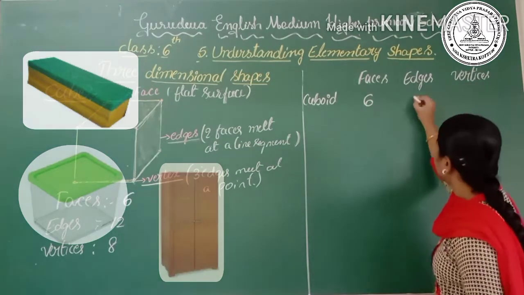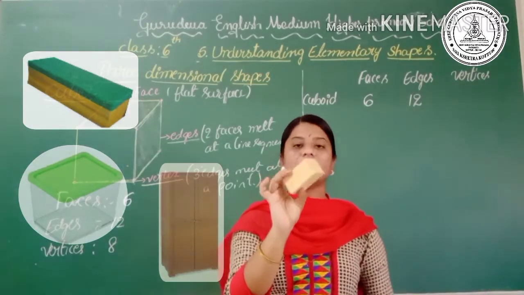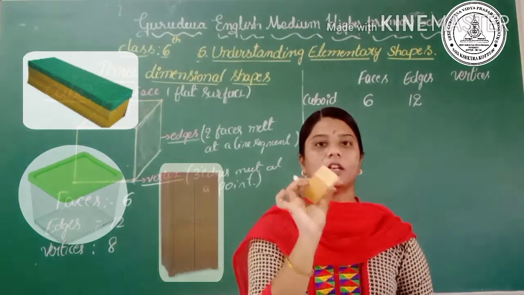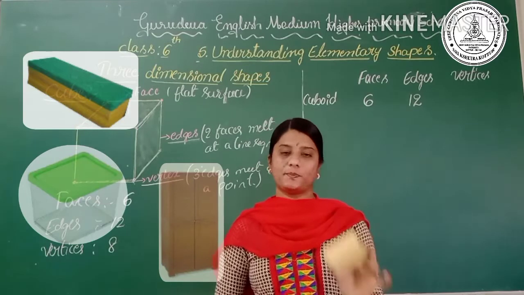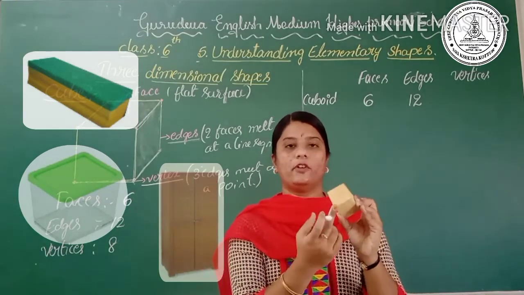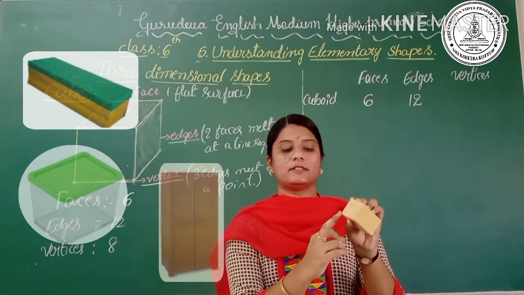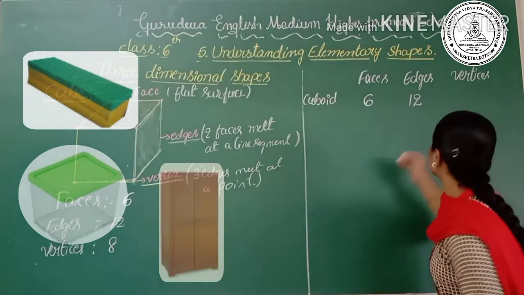So it has 12 edges. And how many vertices are there in this cuboid? A cuboid also has 8 vertices. As you can see here, 1, 2, 3, 4, then 5, 6, 7, 8. So it has 8 vertices.